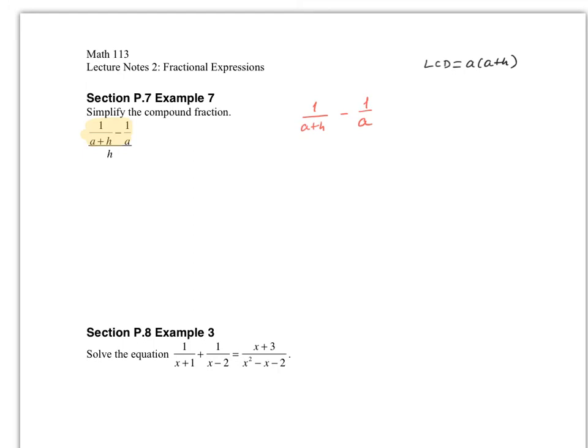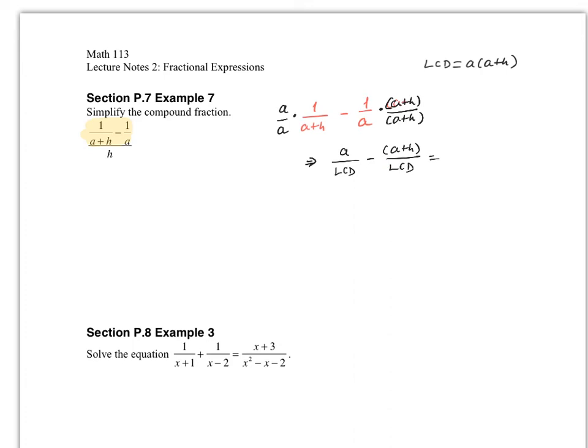All right, just like the two examples we did before, this one is missing the a plus h, and this one is just missing the a. Okay? So therefore, if we simplify, this will be a over the LCD minus a plus h over the LCD.